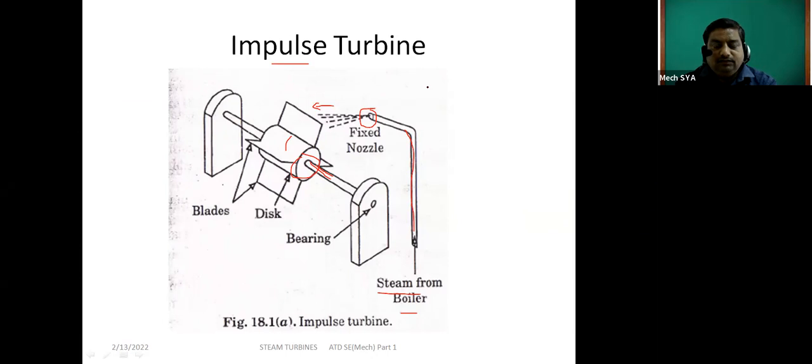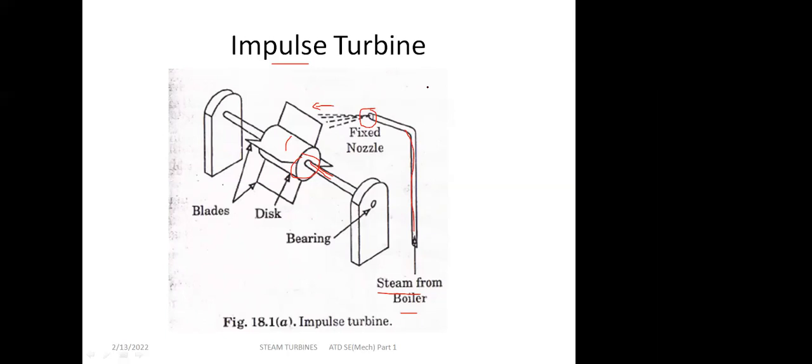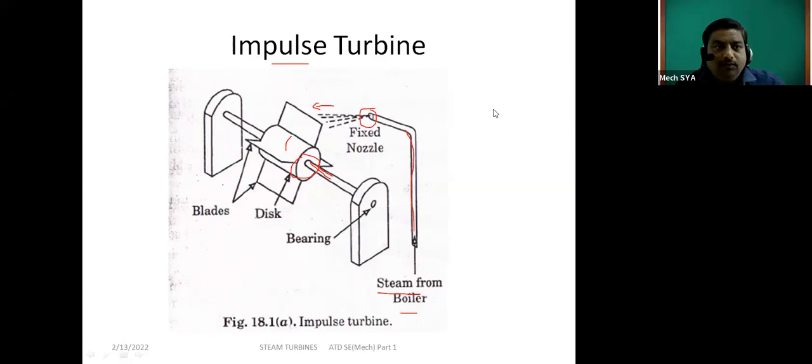Only once we are converting all the kinetic energy into mechanical work, meaning all the expansion we are carrying out in the nozzle. So afterwards the pressure remains constant and high velocity steam is impacting on the blades. So impulse steam turbine means what?